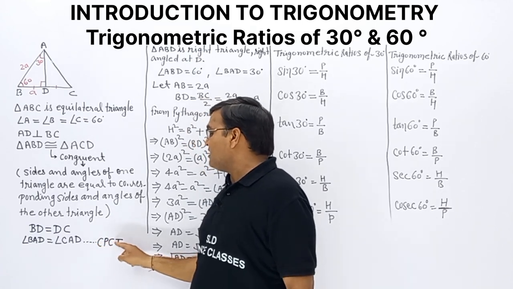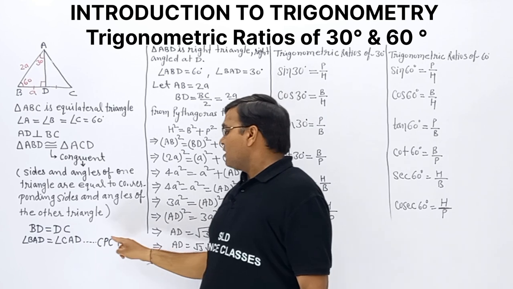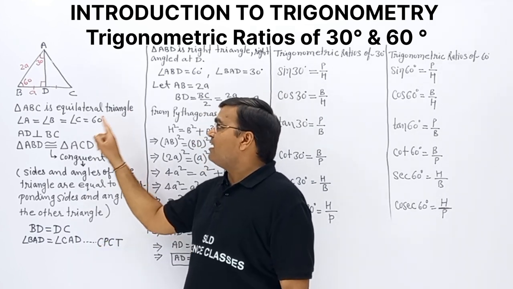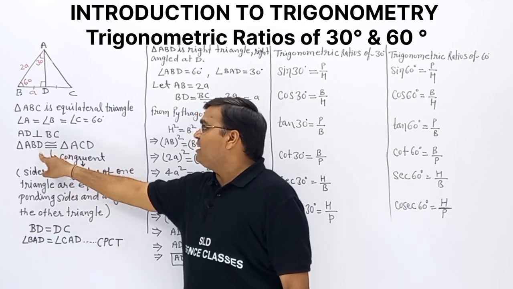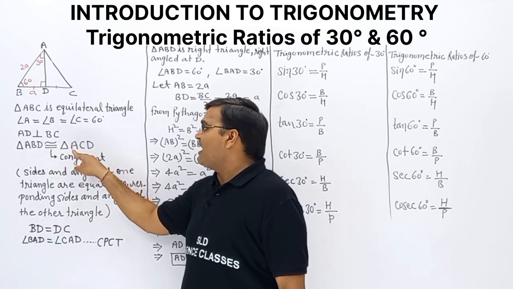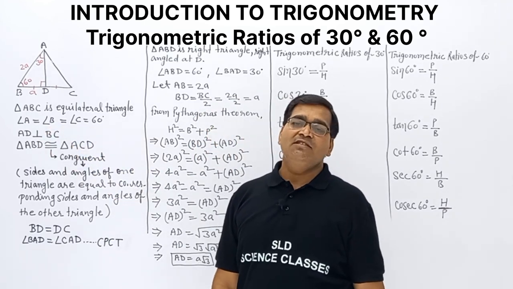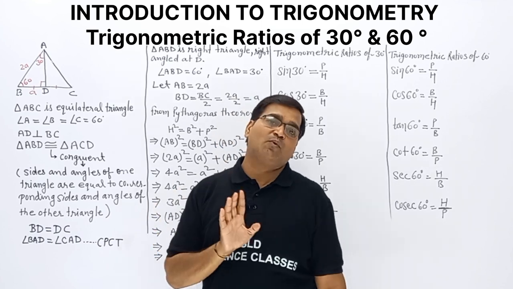How? CPCT. In triangles we have one rule, corresponding parts of congruent triangles: if triangle ABD is congruent to triangle ACD, then corresponding parts of congruent triangles will be equal.